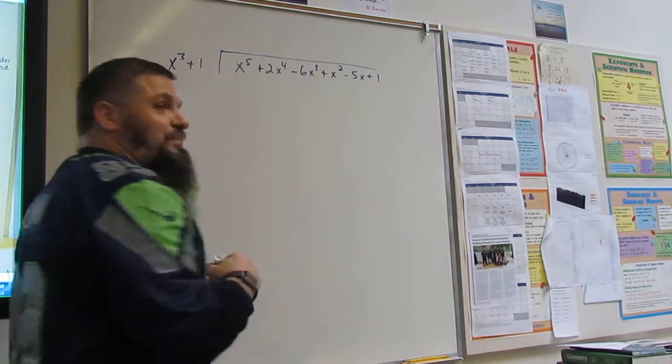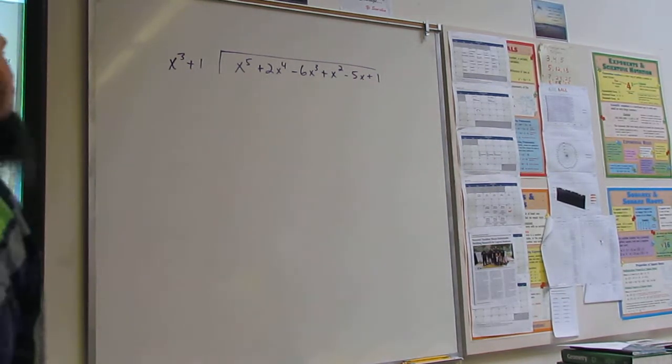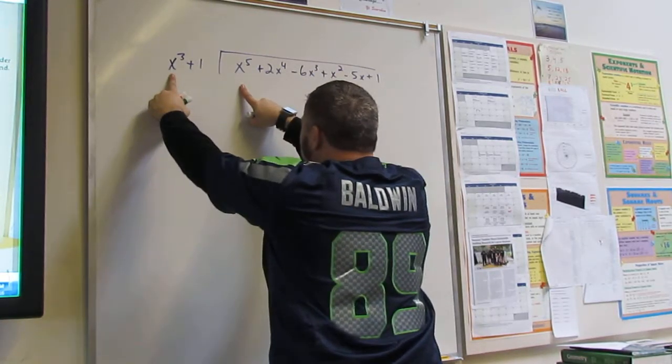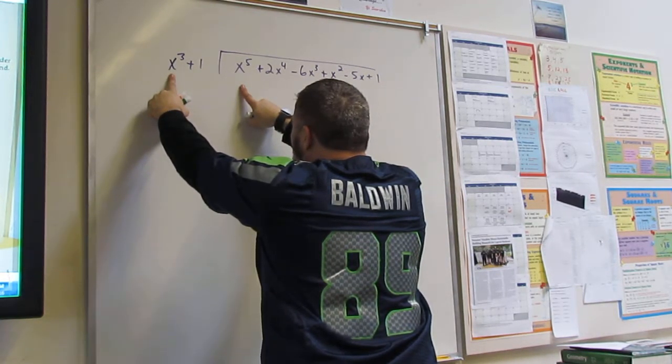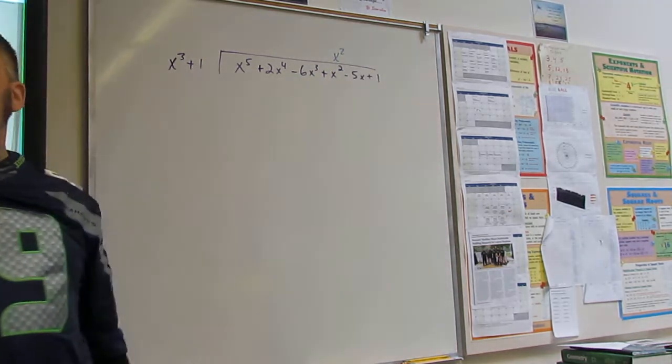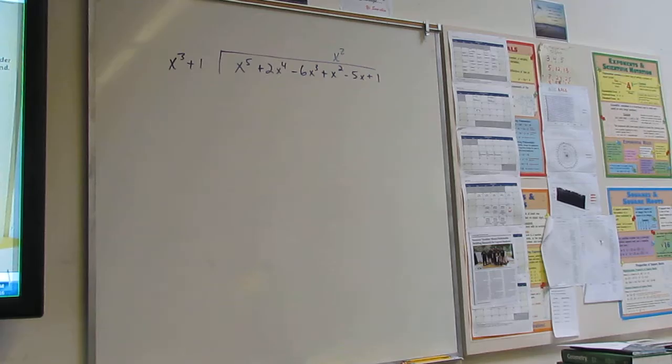All right, so how do I make this into an x to the 5th? Multiply by x to the 2nd. Notice how I'm writing that way down here? Why am I writing that way down there? So you don't get confused.